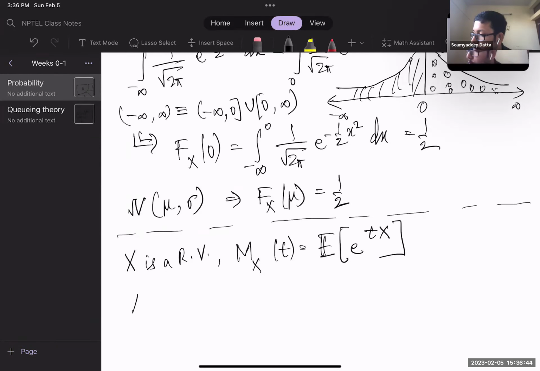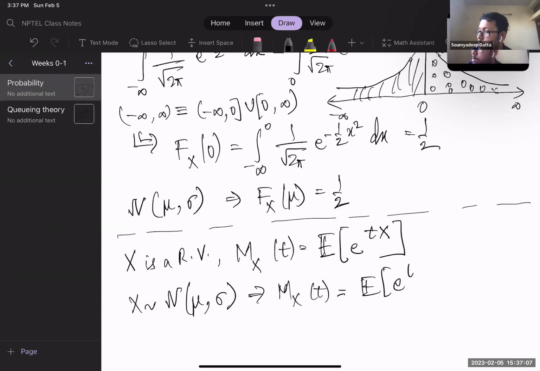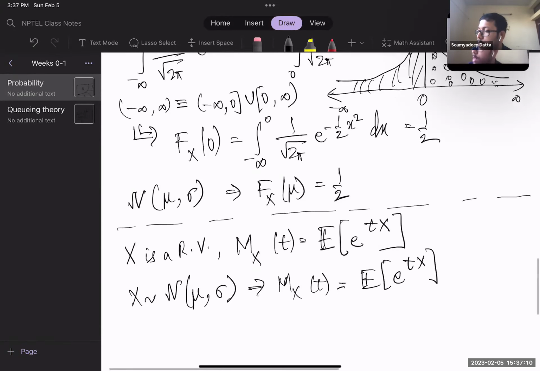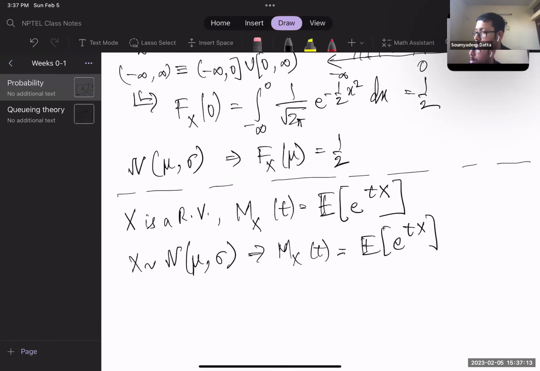For a Gaussian random variable X with mean mu and sigma, the moment generating function is the expectation of e to the power tX, and you can do the computation, but you finally get e to the power mu t plus half sigma square t square, right?